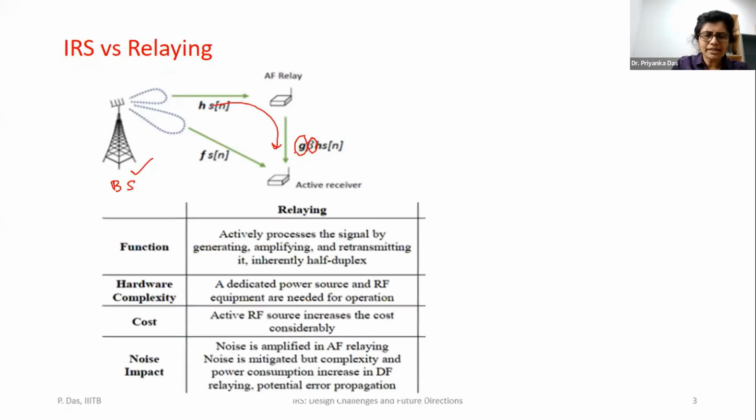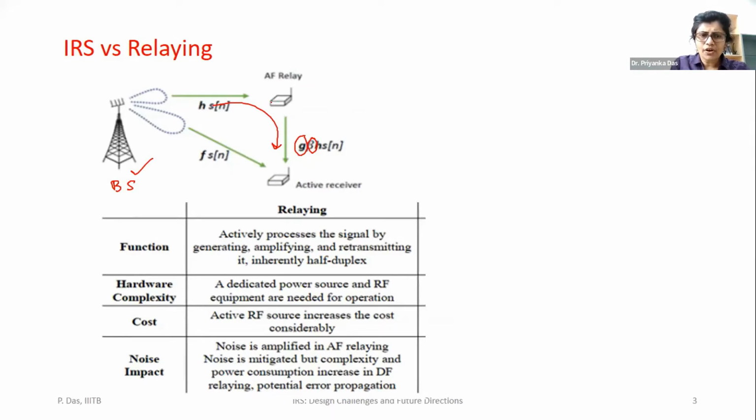Now, what are the functionalities and advantages of relays? The relay needs an active element to amplify and forward. Active element meaning it will also amplify the noise, so the noise amplification cannot be ignored here. The cost of putting such a relay will be slightly higher.